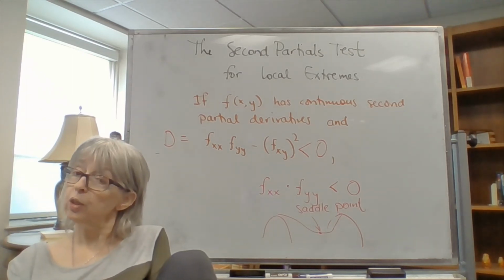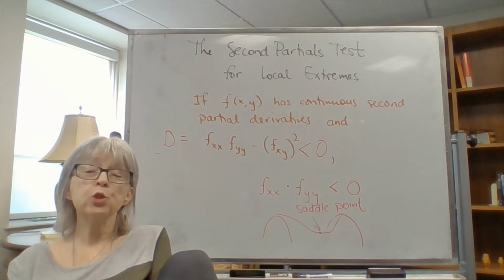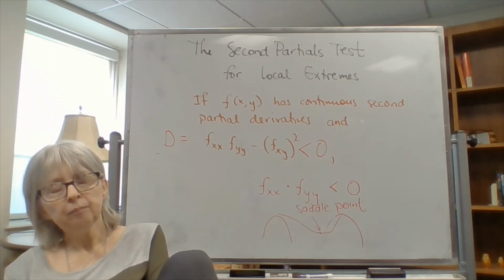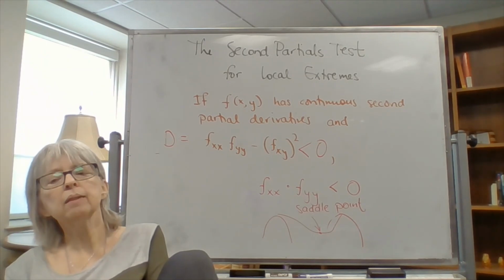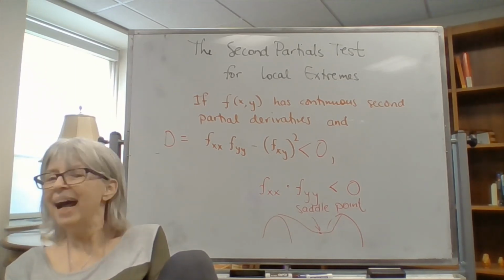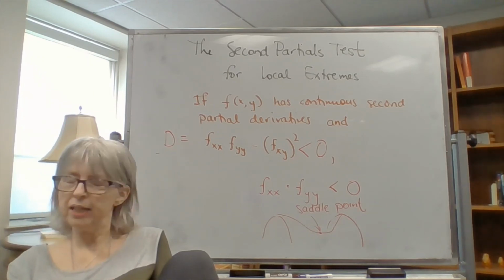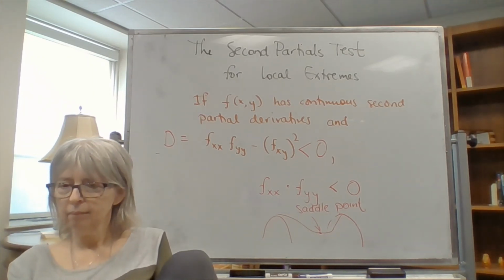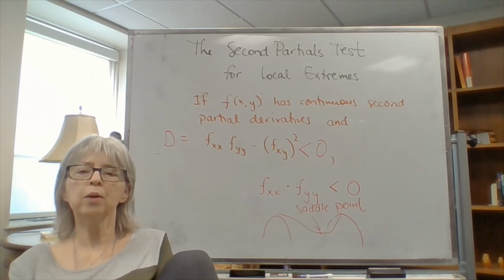If you plug your critical points into your discriminant and you get a negative number, you have a saddle point. If you plug your critical points into the discriminant and you get 0, I got no information to provide you. Other techniques would have to be used, and again, they're beyond the scope of this course.